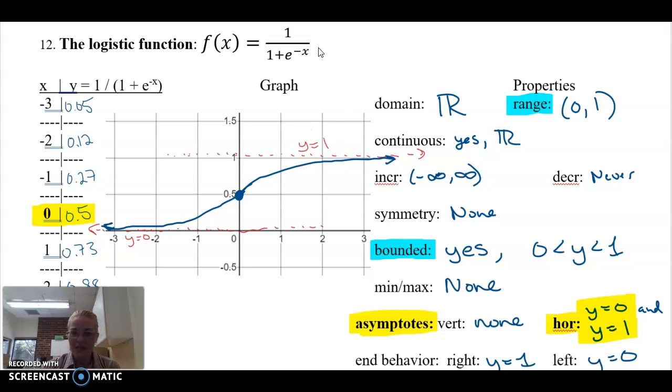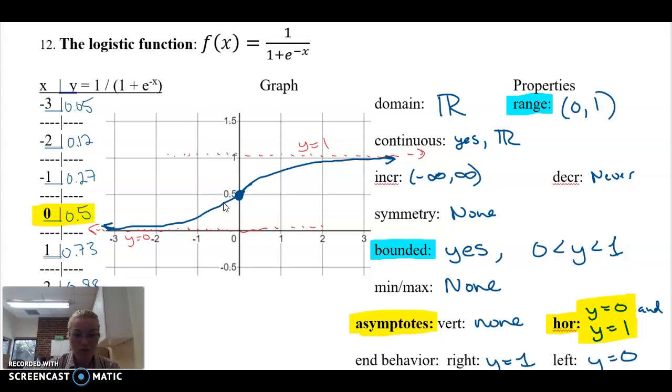So for this one, again, without a calculator, I would not expect you to be able to compute and know what -3, -2, or 1 are without a calculator. So those I'm going to hand to you. I would expect you to be able to plug 0 into this without a calculator, because e to the 0 is 1, and 1 plus 1 is 2, and 1 over 2 is 1/2.